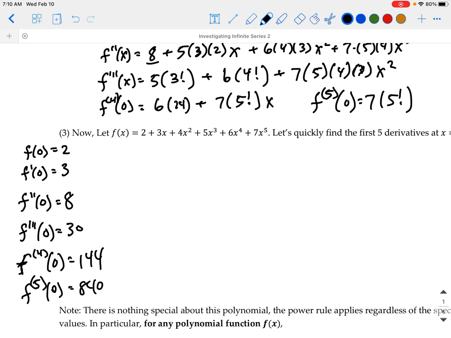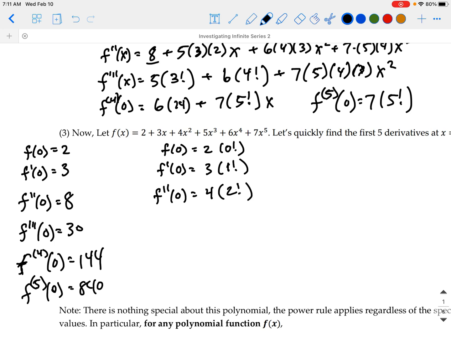But what we can notice here is that f of 0 was really 2 times 0 factorial. F prime of 0 is the same as 3 times 1 factorial. F double prime of 0 was 4 times 2 factorial.